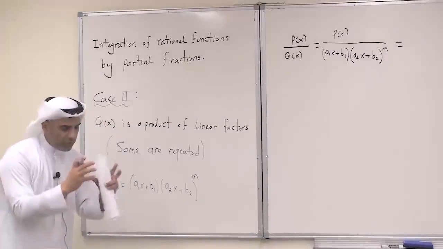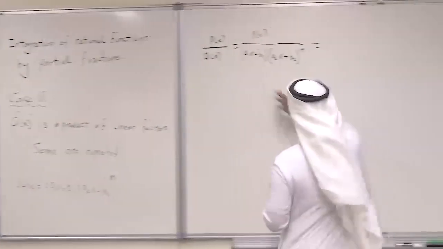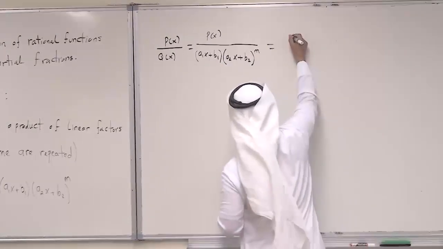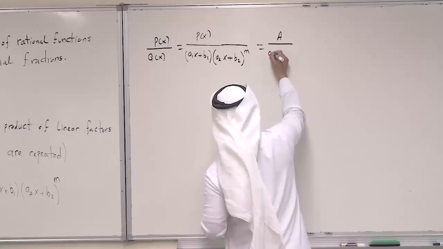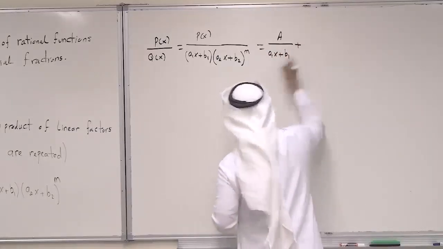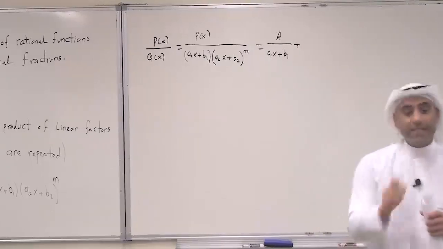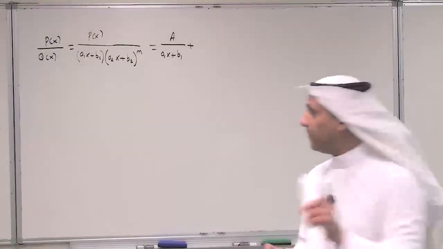Now, what is the form of the partial fraction? For the linear one, you need one constant. We call it, for example, A. So we have A over (A1x plus B1), plus. Now, for the linear factor which is repeated m times, we need m constants.